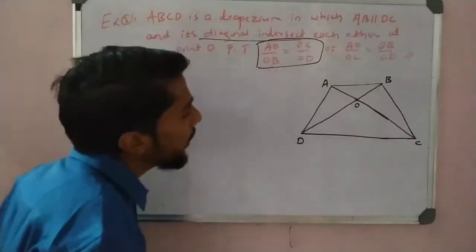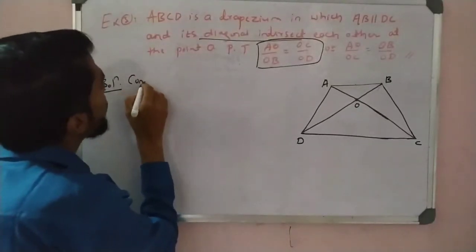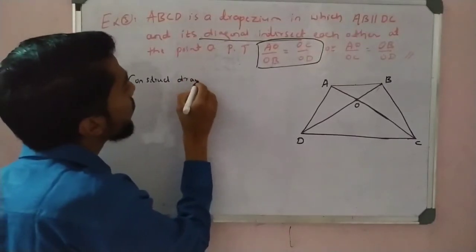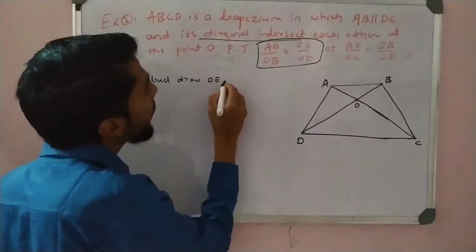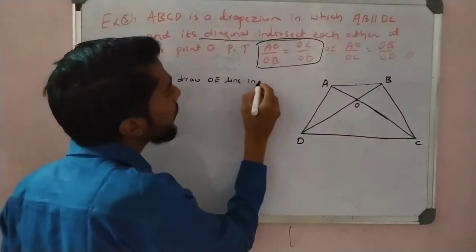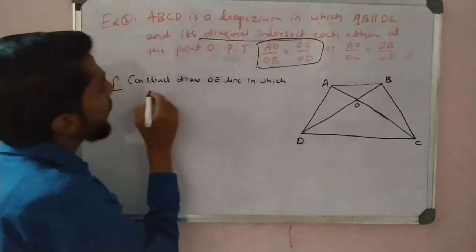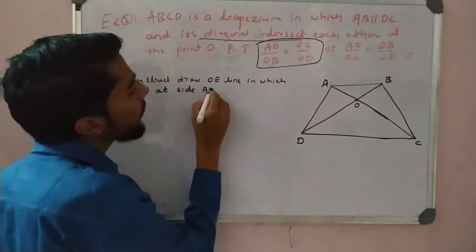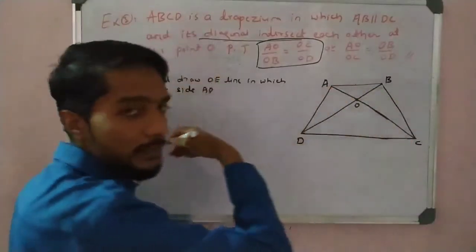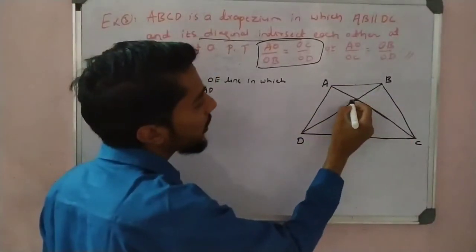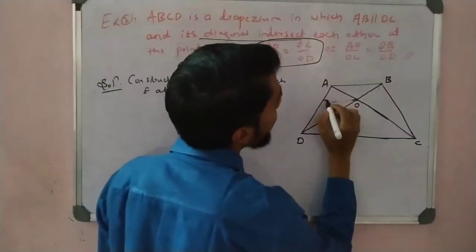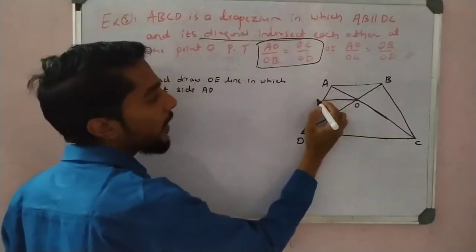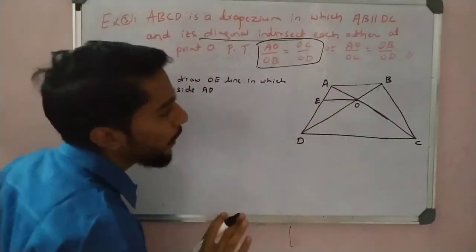So let us see. We now construct, that is, draw a line from O which meets side AD at E. I can take this side and construct a line like that, and with respect to AD, where it cuts AD, this point is taken as E. That is my construction.